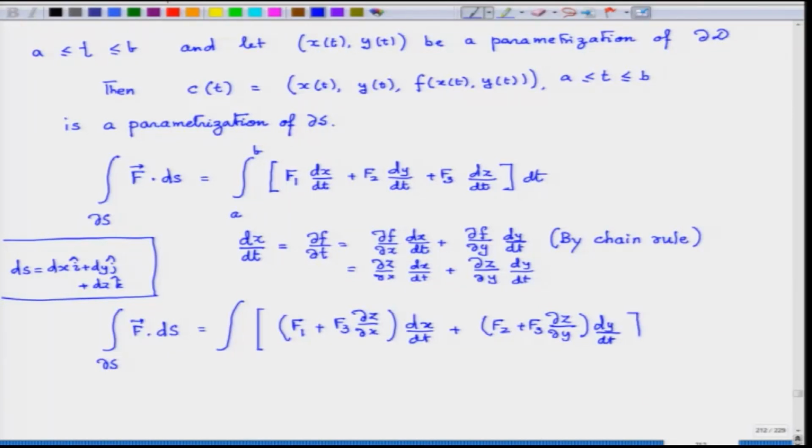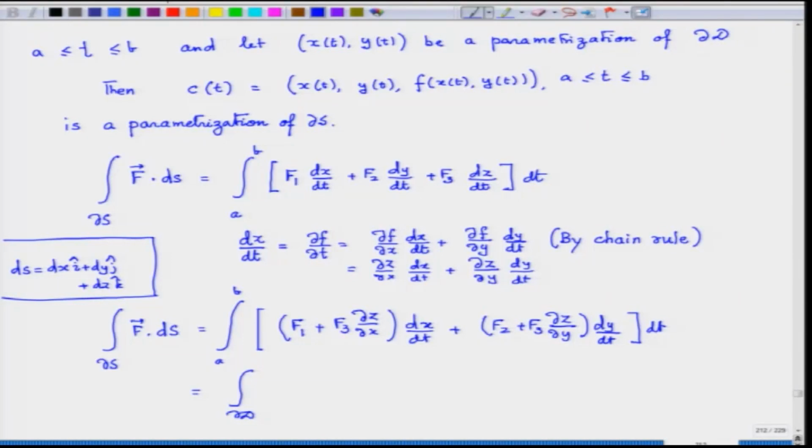Now, this should ring a bell immediately in your mind, because now I can take the integral separately. I can take the t off by multiplying these and write it as a line integral on the domain boundary del D, because now I am in the two variable case, x and y, in the two variable domain. So I can look at this whole thing as functions P and Q, like the one I did for Green's theorem.